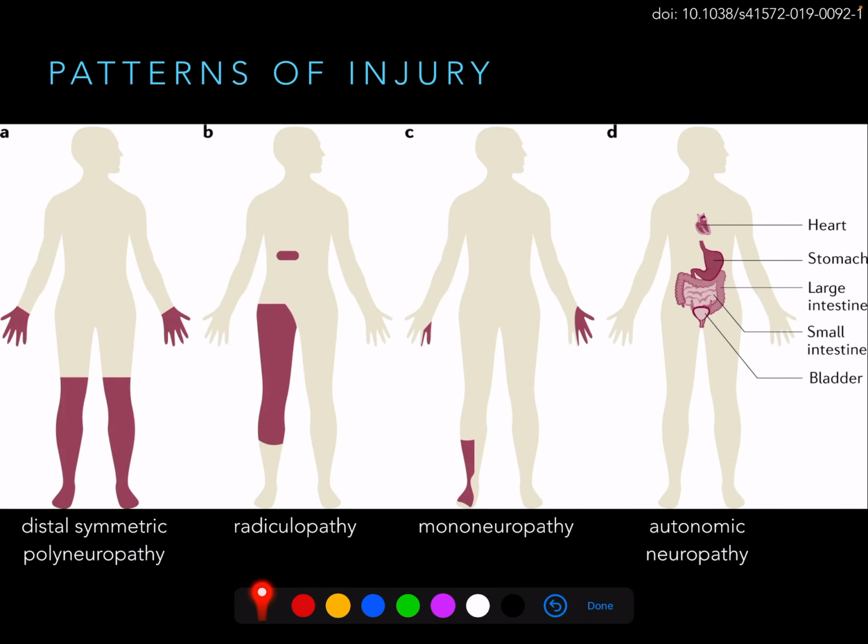Now, there's a few patterns of injury that we see in diabetes. There's the kind of classic distal symmetric polyneuropathy, the stocking and glove distribution. We can also see radiculopathies, where we kind of radiate along here. We might see mononeuropathies, maybe just this one, or this one, or this one. Obviously not all three at the same time, that wouldn't be mono anymore.